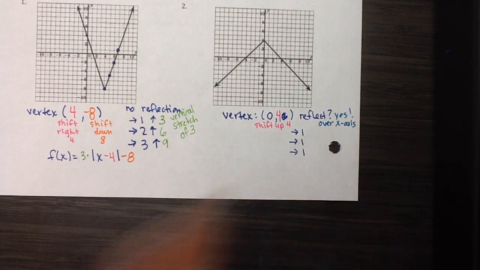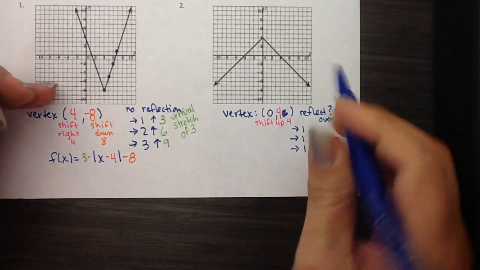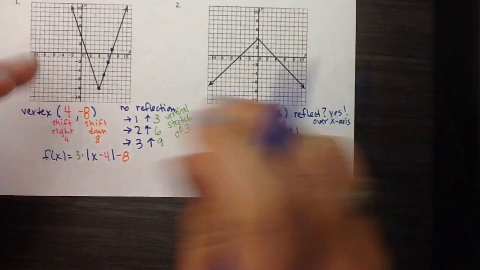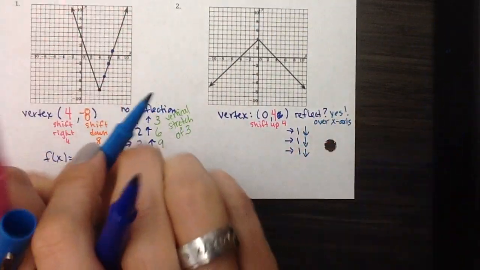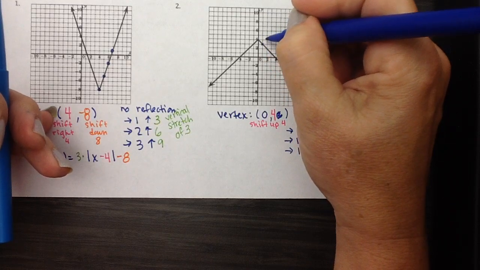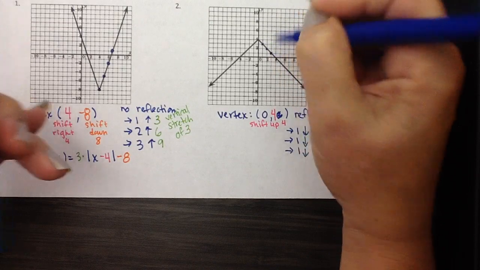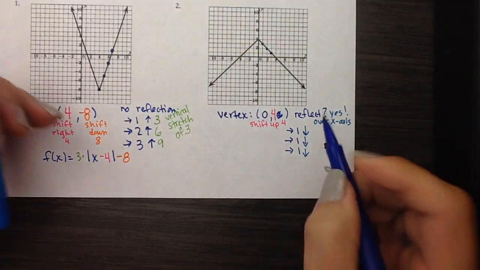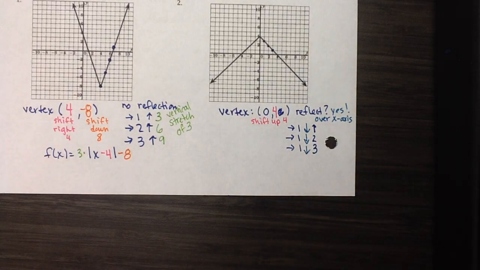And then let's look at the pattern. So we would normally go over 1, and since it's reflected, we would go down 1. So over 1, down 1. Go back to the vertex, over 2, down 2. Back to the vertex, over 3, down 3. So it does not look like we have any stretches or compressions, but we do have that reflection.